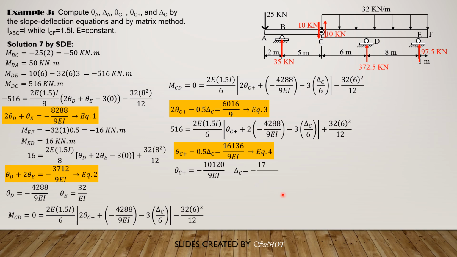And delta C is negative 17504 over 3 EI. So that means our assumption that delta C is above D is wrong.